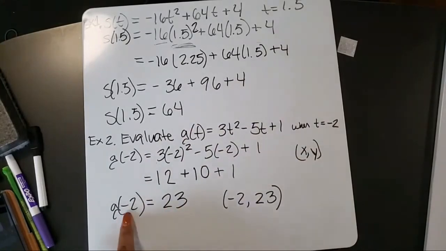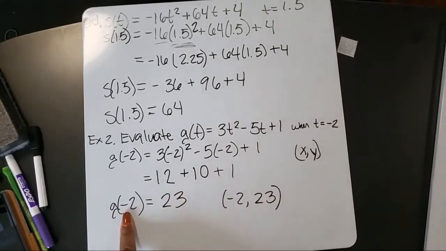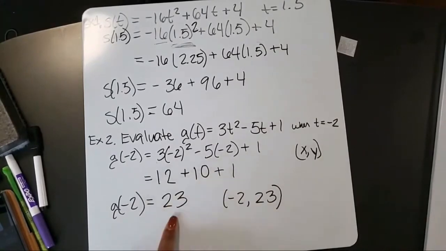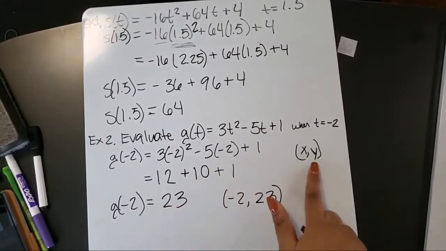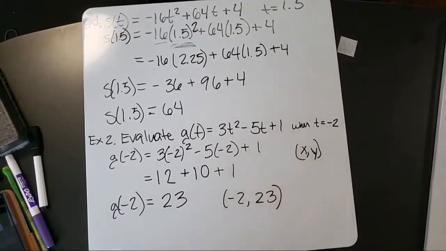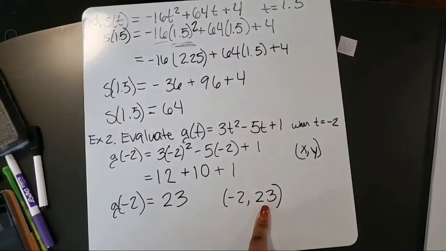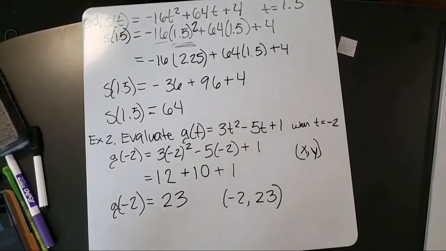Of course, whatever you put in for t, that's going to be your input, which is your domain, which is the first term of your ordered pair. And your output is like your y. It's going to be the range. It's going to be the second term of your ordered pair. So please don't think of this as different things. It's all the same stuff, okay?